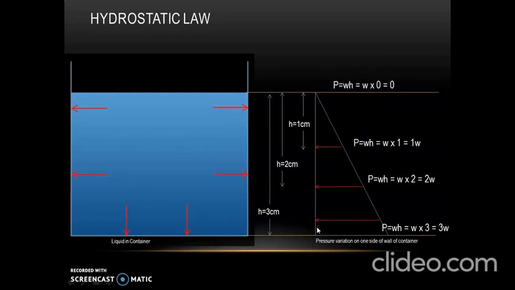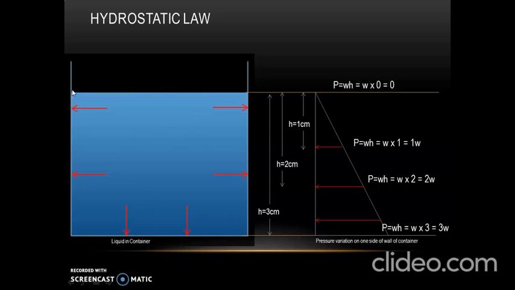Now we will see how to draw pressure variation diagram. Consider a liquid in a container, and we know that since the liquid is at rest, it will exert pressure on the sides, on the bottom and also on the top.